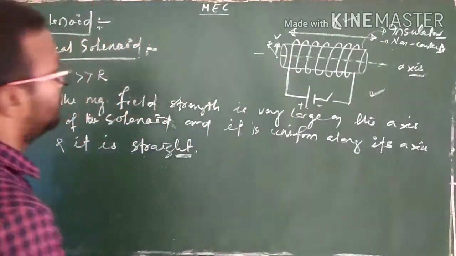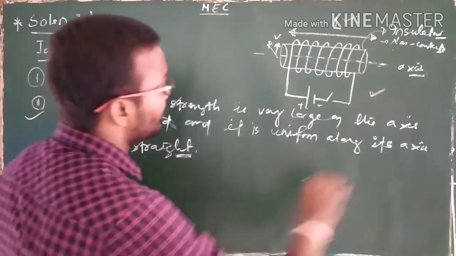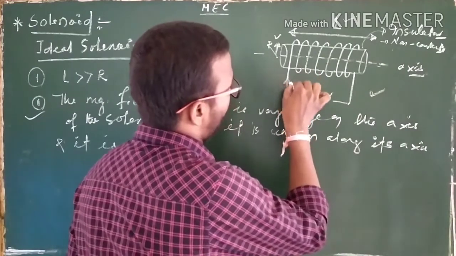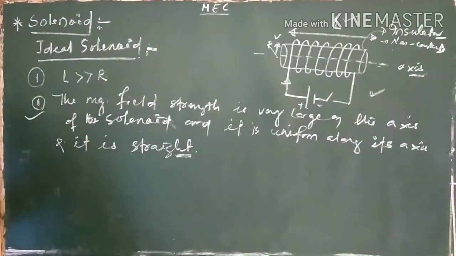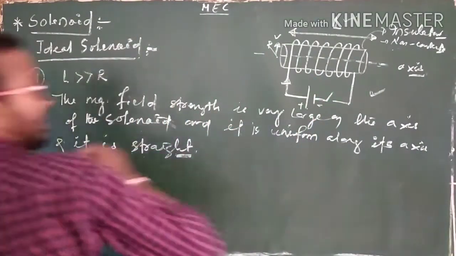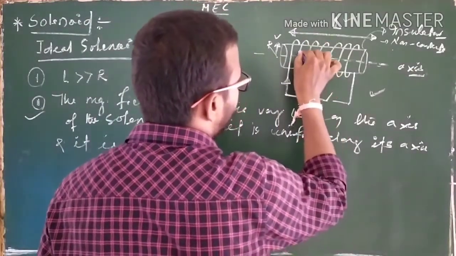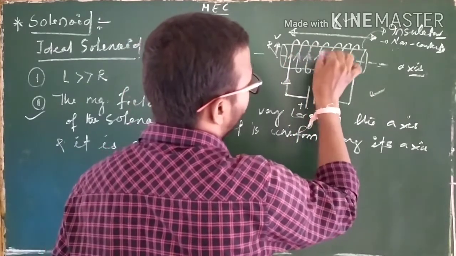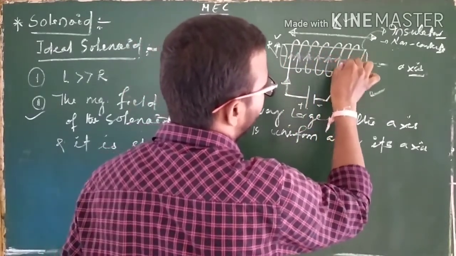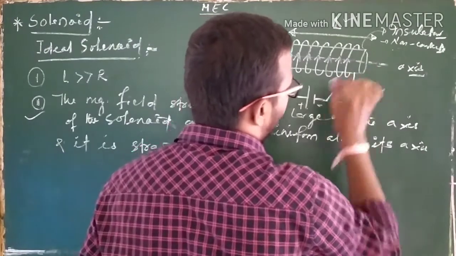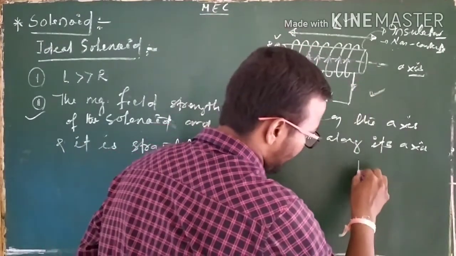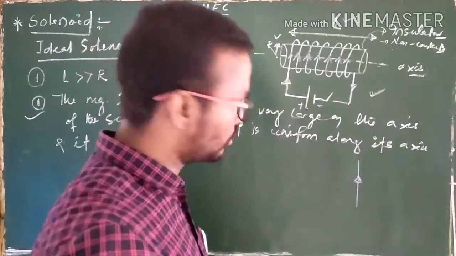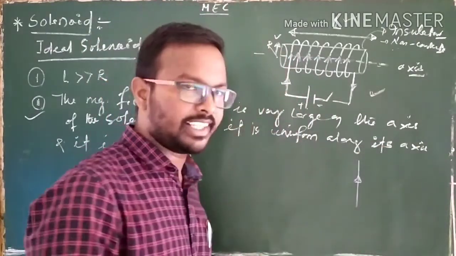Why? Suppose there are a number of turns. This is the direction of flow of current through the wire. Clear? Now, we know if there is a current carrying conductor, by using the right hand thumb rule we can find the direction of the magnetic field.